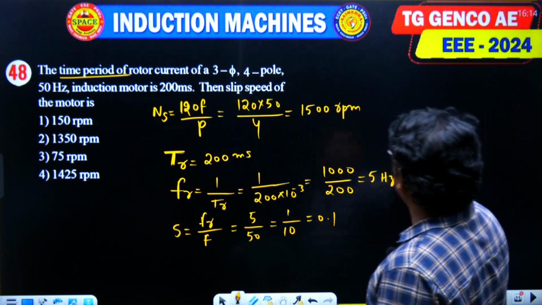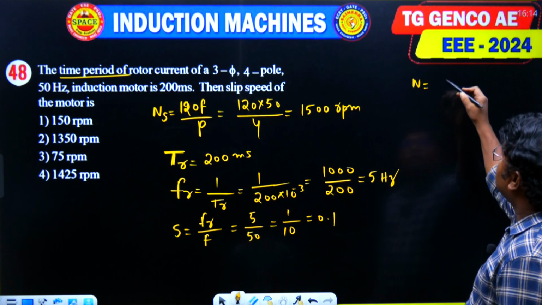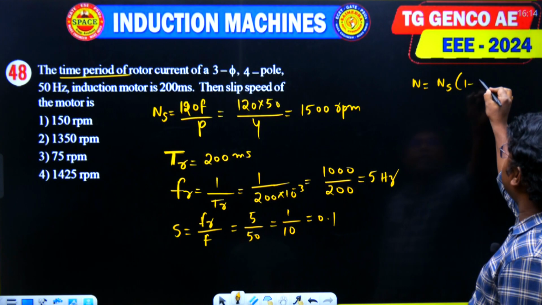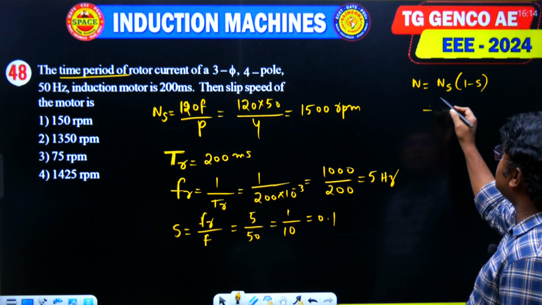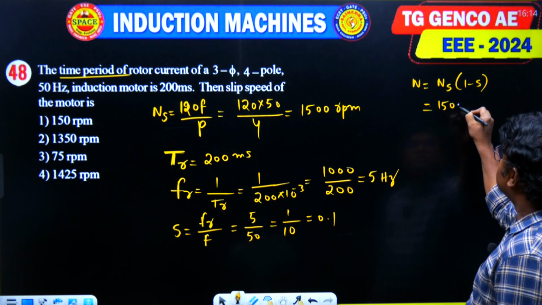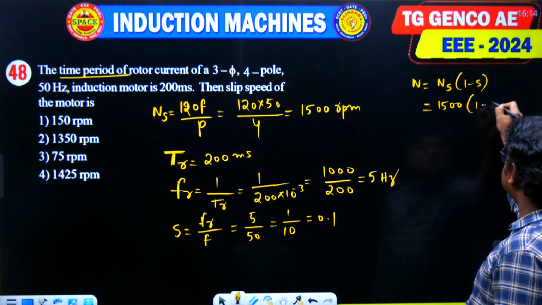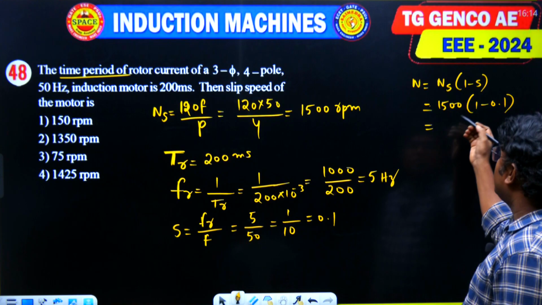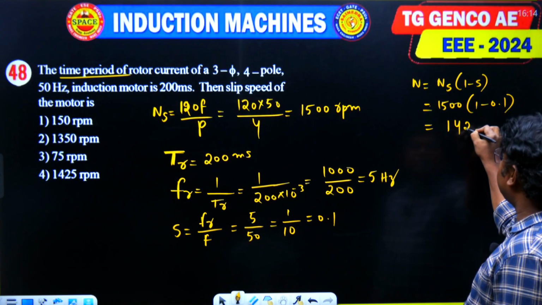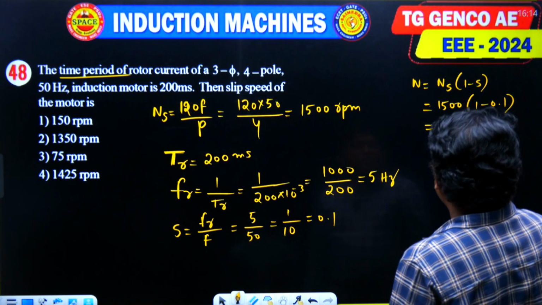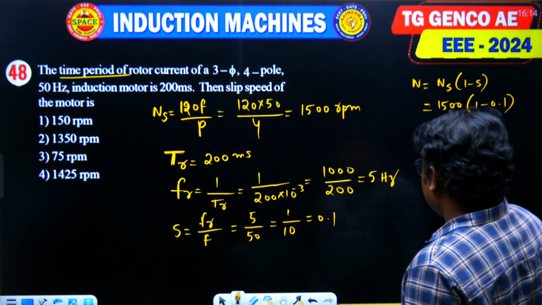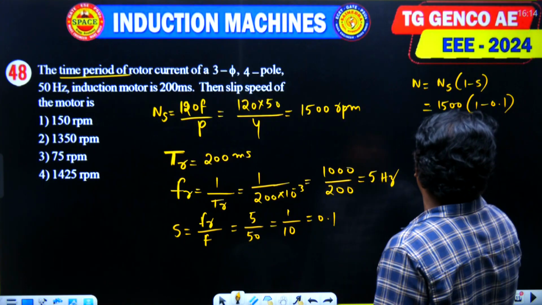Now we require N, which is equal to Ns into (1 minus S). Ns is 1500 RPM, so 1500 into (1 minus 0.1). So it is 1350 RPM.